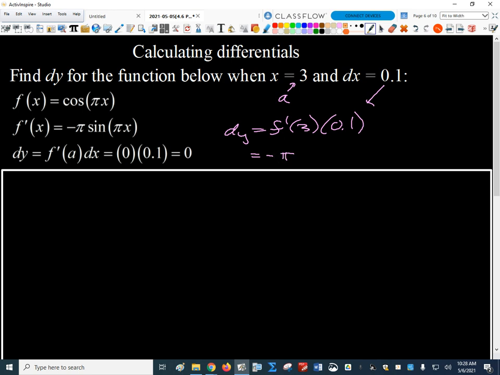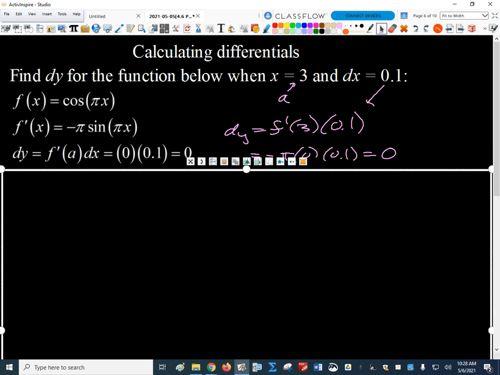F prime of 3 is just going to be negative pi times sine of 3 pi. What's sine of 3 pi? So there's 0, pi, 2 pi, 3 pi. It's 0, right? So that's going to give us pi times 0, so that's just 0 times 0.1, 0. So the estimated change in the function is 0.